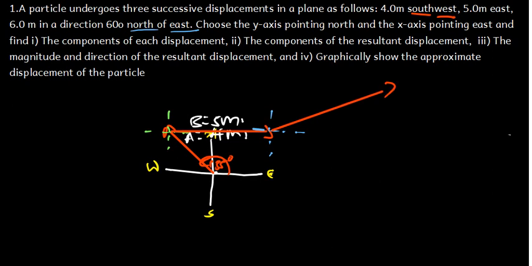So C is 6 meters. Now the displacement is going to be from the starting point all the way until we connect to the last one. That will be our resultant. We found that the resultant was 5 point something. I've just forgotten the figure which we got. So that is the resultant. Now this is what we need to understand.